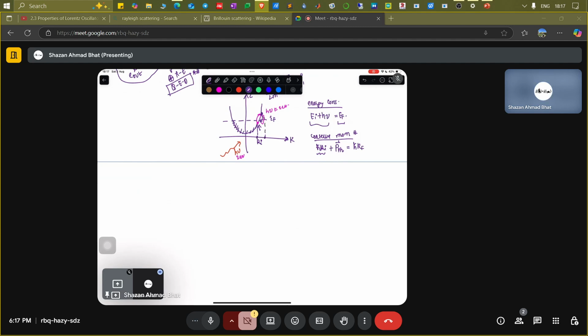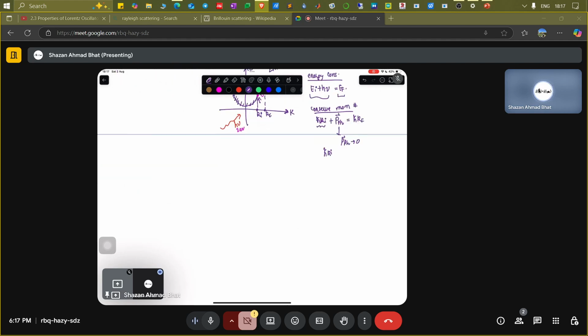You know that this p_h is around zero, so the final momentum of the electron is such that h bar ki is equivalent to h bar kf. So there is very small change in the k vector of the electron. That is the fundamental point here I want to say.